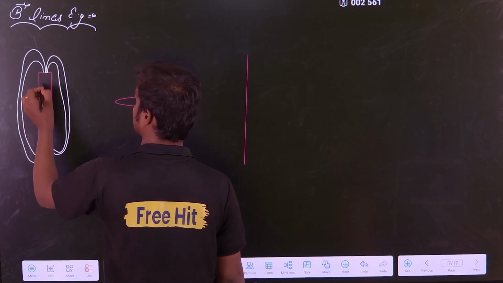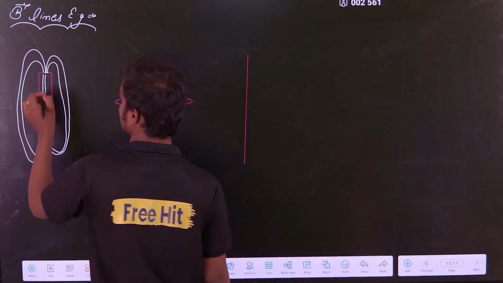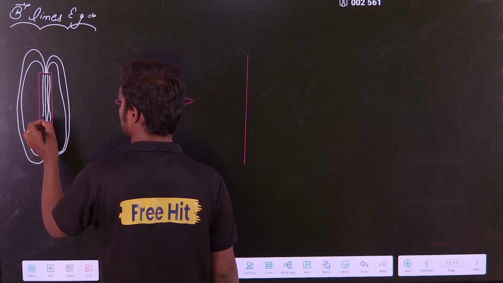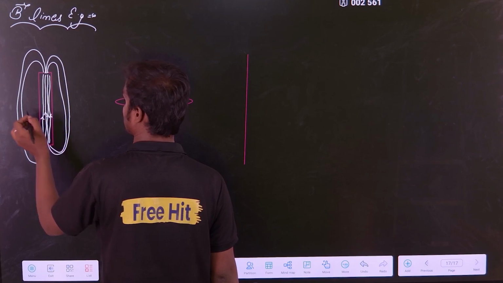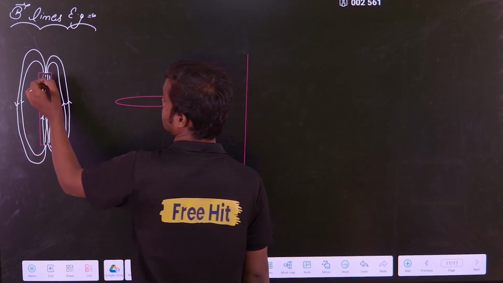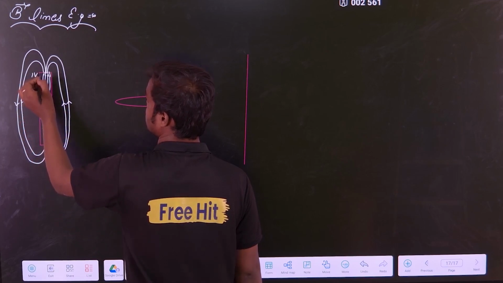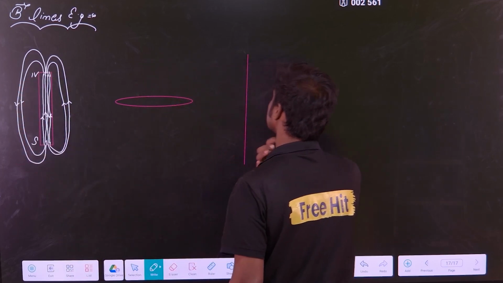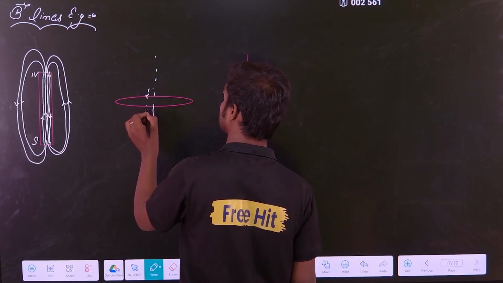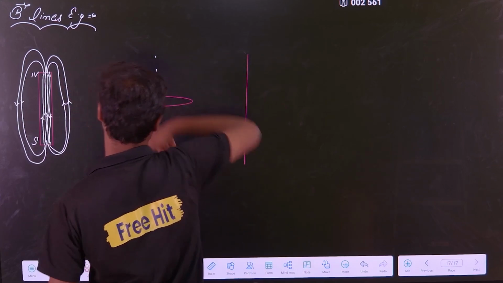Maybe some of my lines intersect with each other, but in reality they don't intersect. Just draw it properly. This is our north and this is our south. Now for the circular ring, this is the axis, and suppose the current is like this. How will you draw?